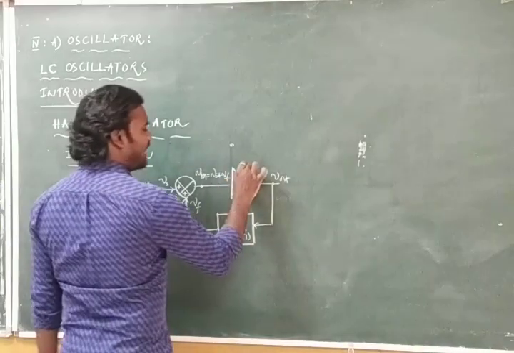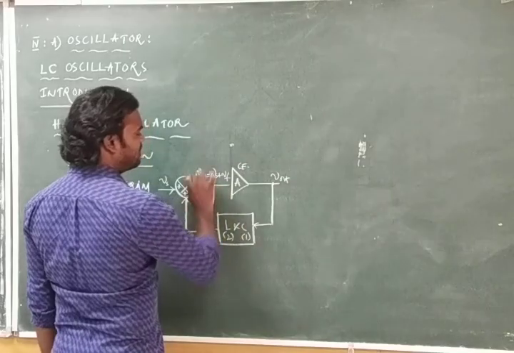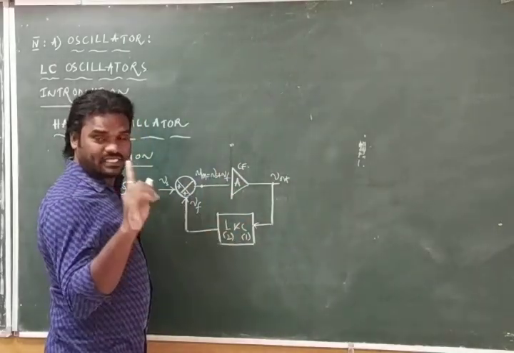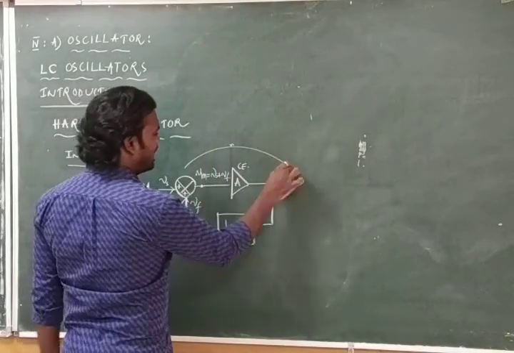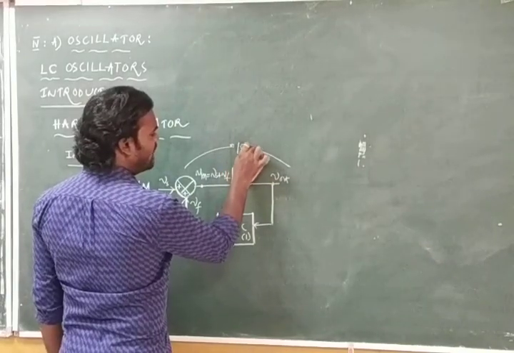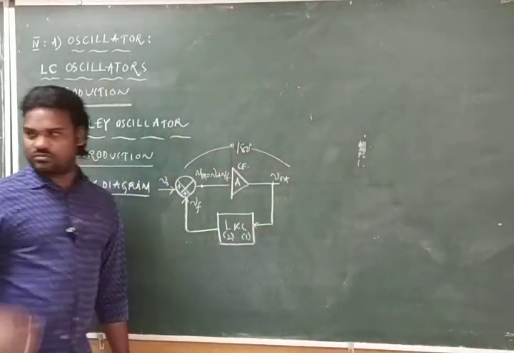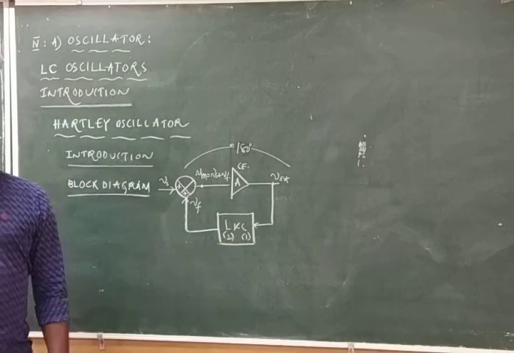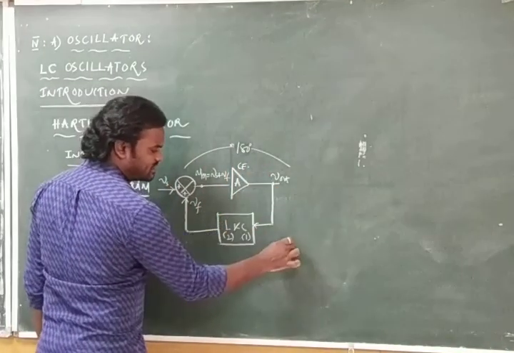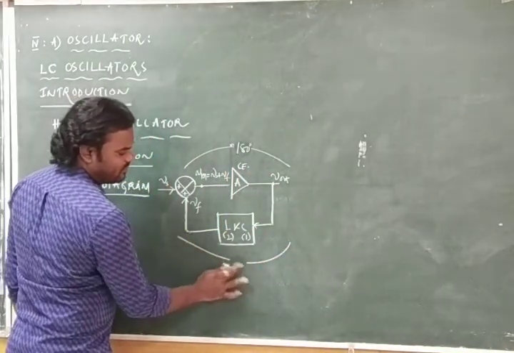If it is a CE amplifier, with only a single stage, how much phase shift will it provide? 180 degrees. So if you are using only a single CE amplifier, not a double CE amplifier, and it provides 180, the feedback must provide one more 180.